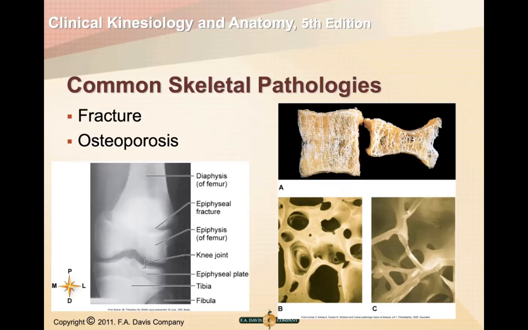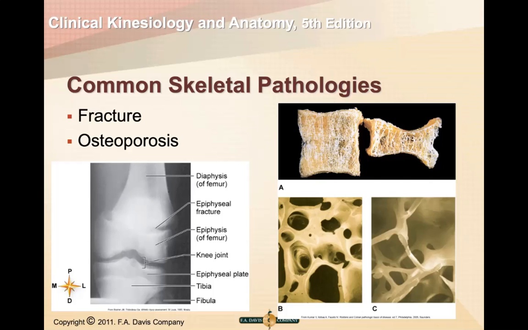Okay, let's look at some common skeletal pathologies. So let's look at this black and white picture first. This looks like a knee joint. If you look really closely, if you find the label where it says epiphyseal fracture, you can see that top point, the diaphysis of the femur has separated from the epiphysis of the femur.